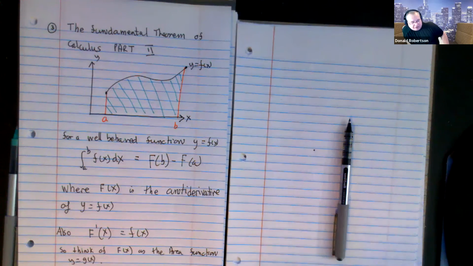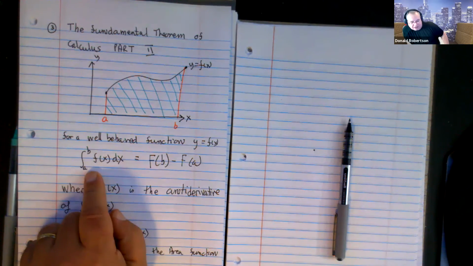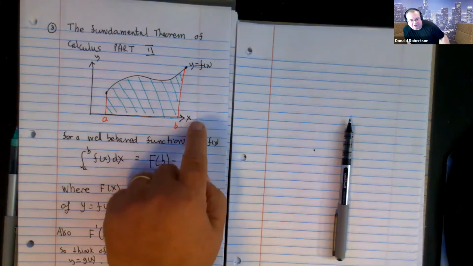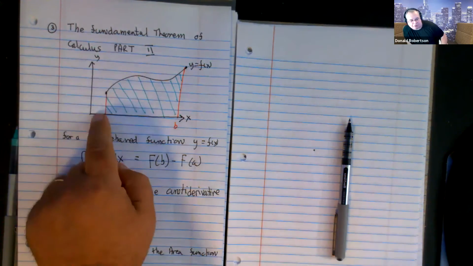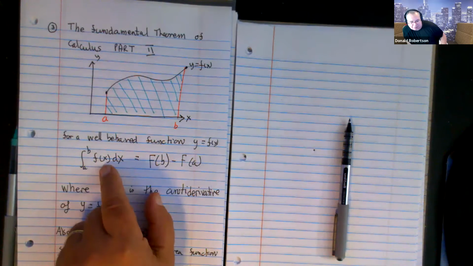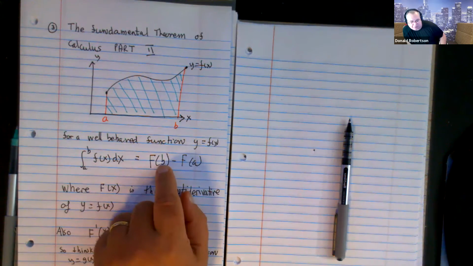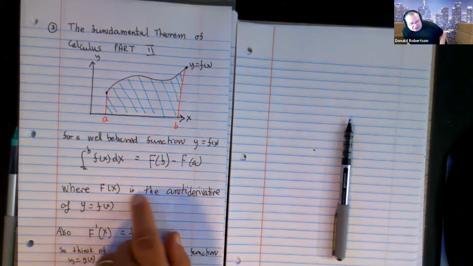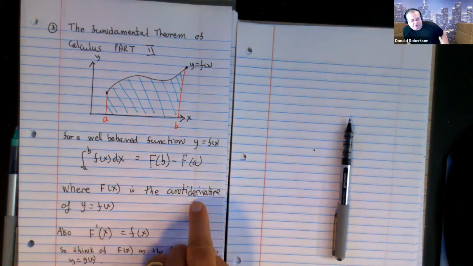If you want to find the integral, which is another word for the area, from a to b of any function, y equals f of x, we're back to x's and y's again, right? Nice variables that we're used to. If you want to find the area of this, it's just the capital F of b, take away the capital F of a, where capital F of x is the antiderivative of this guy.